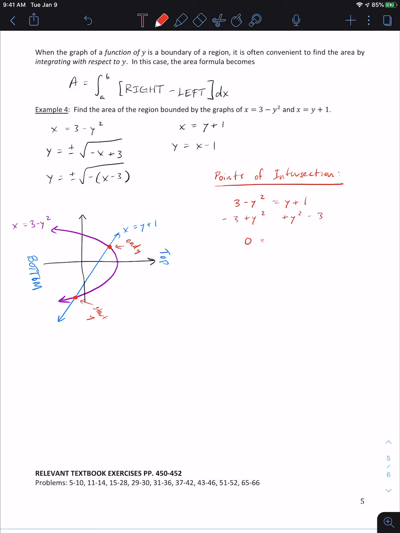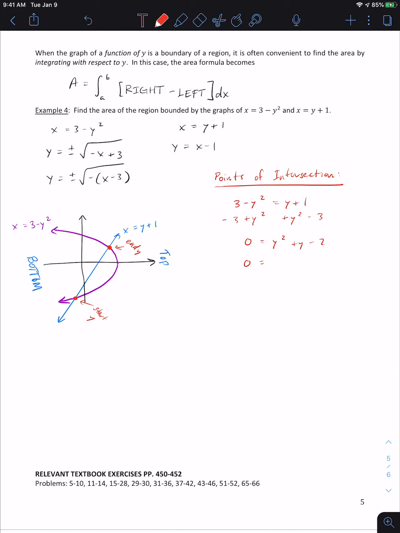So I get 0 is equal to y squared plus y minus 2. Again, this is just two numbers that multiply to equal negative 2 and add to equal positive 1. So y plus 2, y minus 1. So 0 is equal to y plus 2, or whoops. Y is equal to negative 2, and y is equal to 1. All right, so this y value here is negative 2, and this y value up here is positive 1.